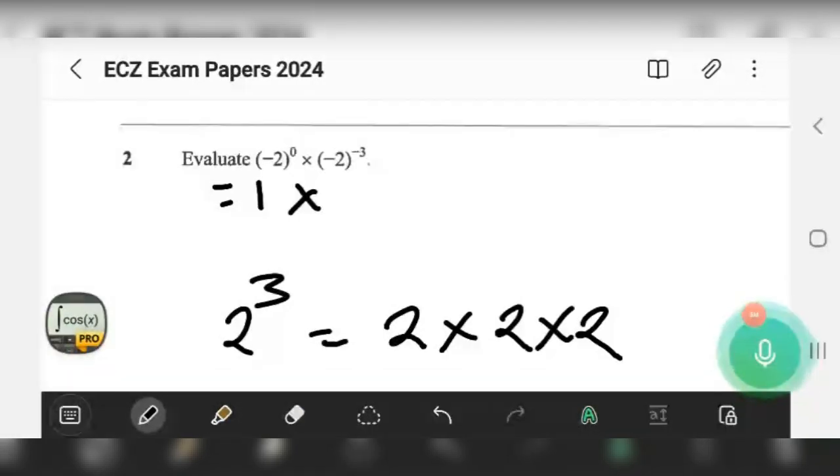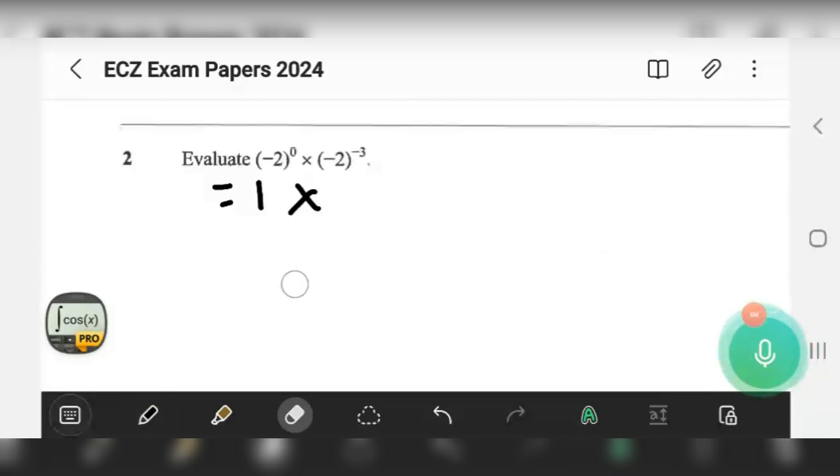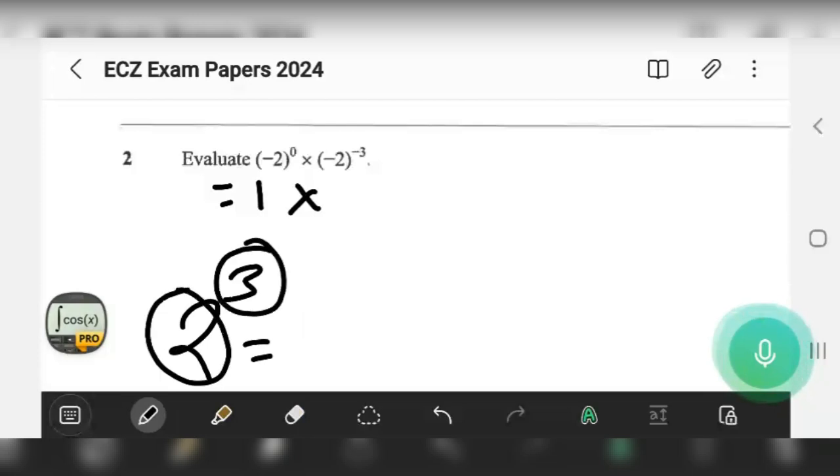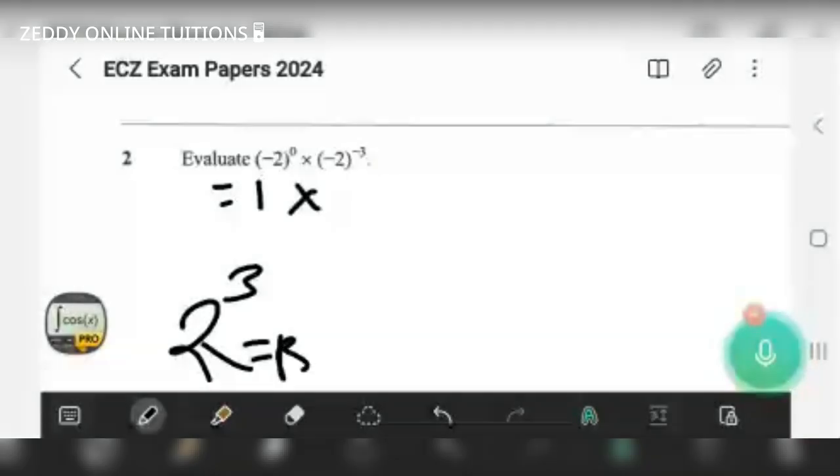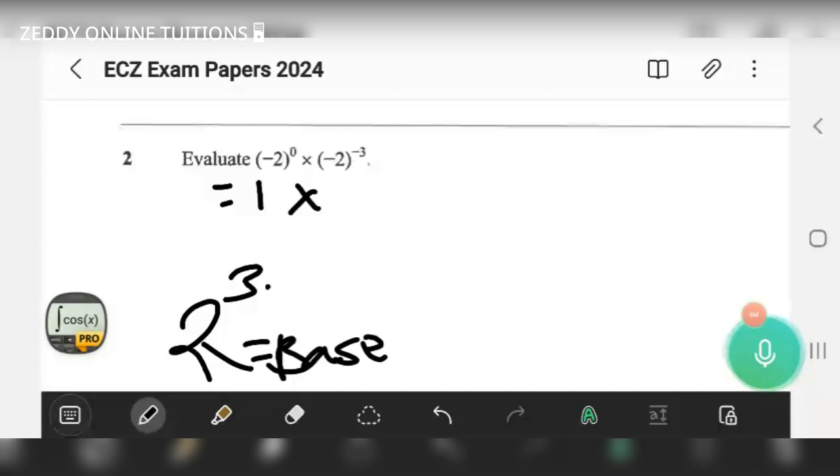So 2 multiplied by 2, we get 4, and 4 multiplied by 2, we get 8. So 2 raised to the power 3 is 8. I'm just giving you an example. This is the base and this is the power.